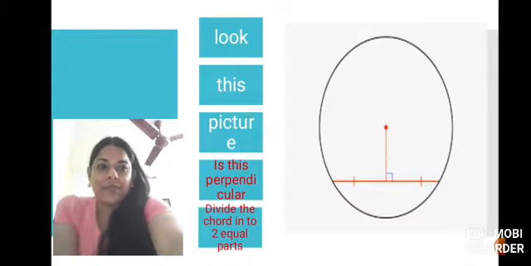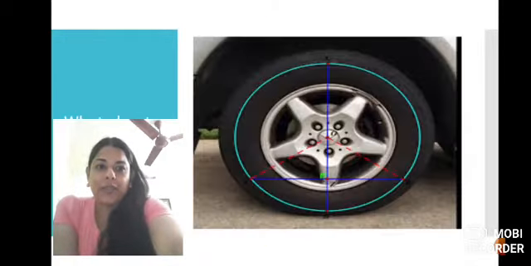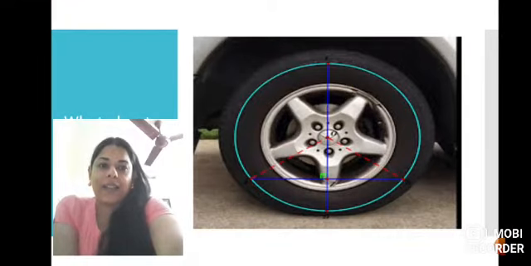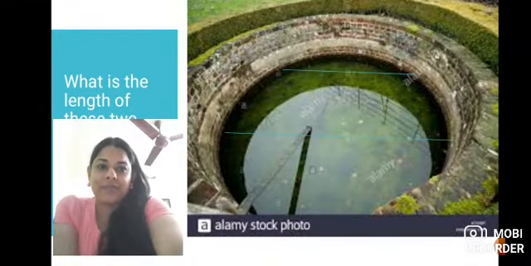Look, the picture will be like this. Here, look, it divides the chord into two equal parts. If we draw the radii, what type of triangle is forming here? We want to find out the length of the chord.